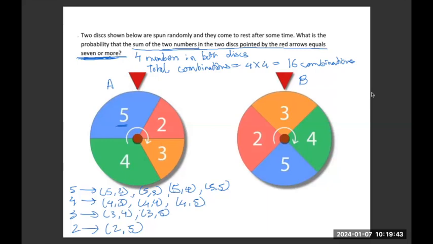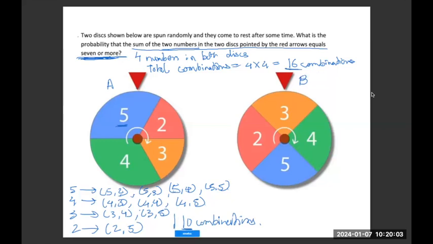So the total number of possibilities with numbers that add up to 7 or more will be 1, 2, 3, 4, 5, 6, 7, 8, 9, 10. 10 combinations. Now I know the total combination is 16.